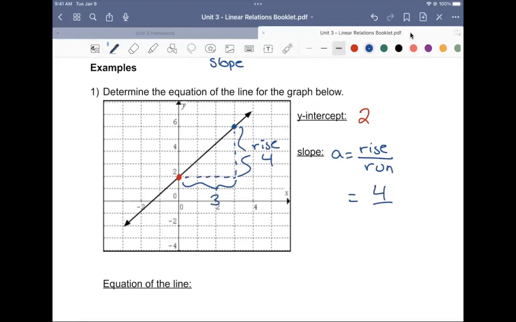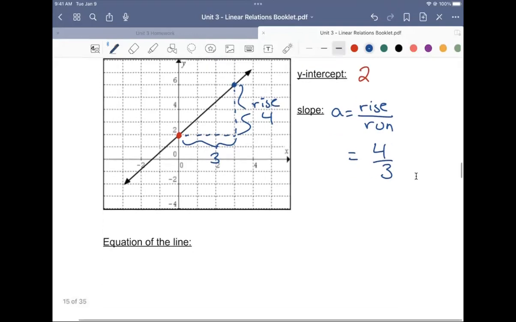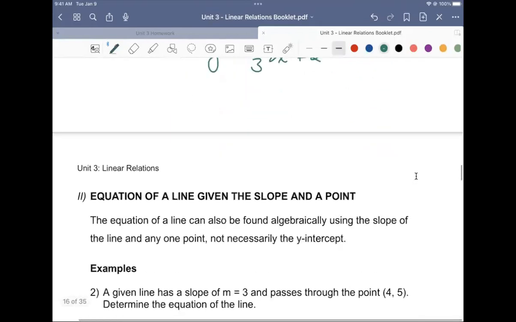So in this case, it would be 4 over 3. Based off of that, I can then give my equation of a line because I know that it is y equals ax, which is my slope, x. Oops, that's not my slope. 4 over 3 is my slope, x, plus 2 is my y-intercept.